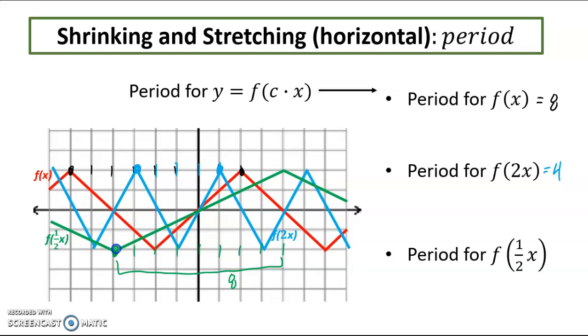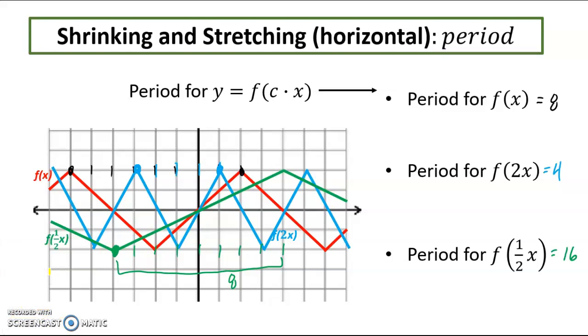To determine the period, I have to go from the minimum value to the minimum value, and that's not even included here. So if it's taken me 8 units to get to the middle, I would have to double that, and it would actually take me 16 units. It's the distance between the lowest value and the next lowest value. So it takes 16 in order for the graph to repeat itself.